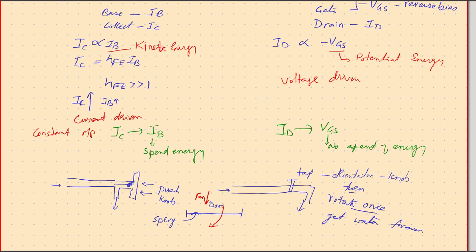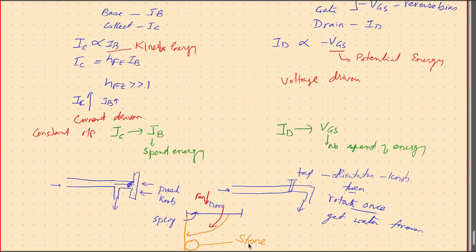The other option is to pull the door and keep a big stone here. Pull the door, keep the big stone here, and the potential energy of this stone is sufficient to oppose the door closing and hence will ensure that the door remains open. So you need to spend some energy to get the stone and place it here. And once the stone is placed here, until you disturb the stone, the door is not going to close.